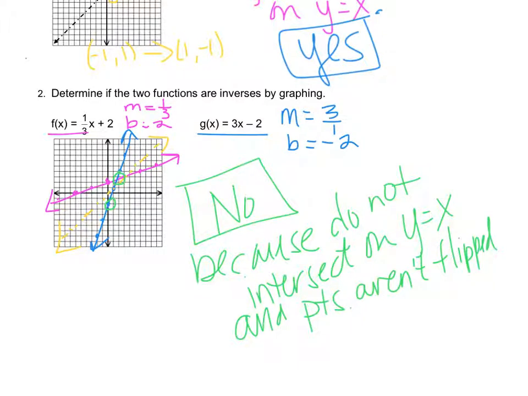Okay, so if they do intersect, remember it has to be on that line. If it's not on the line, we automatically know that it's not an inverse. So we know it's not reflected. Okay, so that's determining graphically if two functions are inverses.